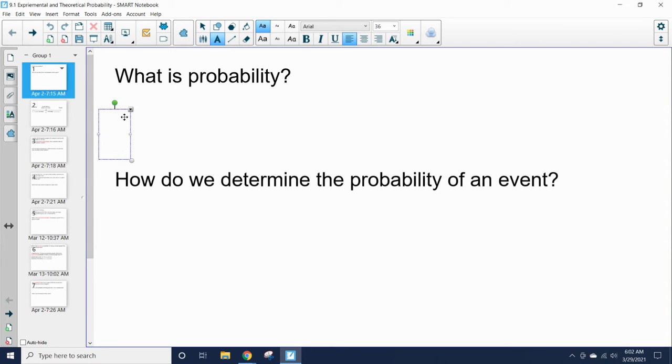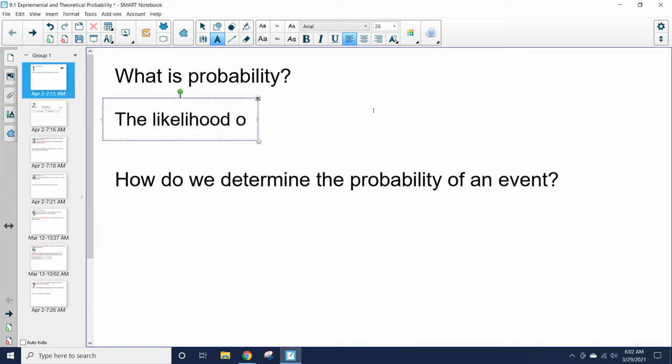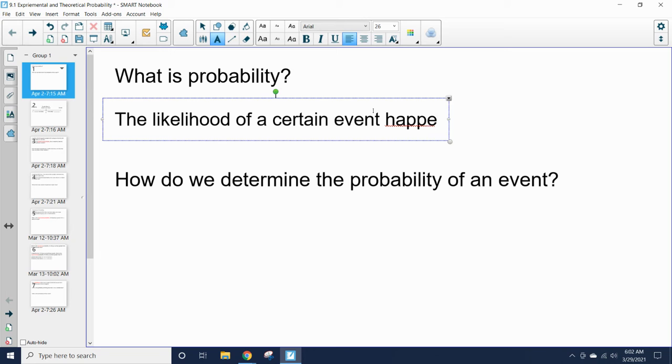Probability is essentially the mathematical definition that we have is the likelihood of a certain event happening, whatever that event might be.